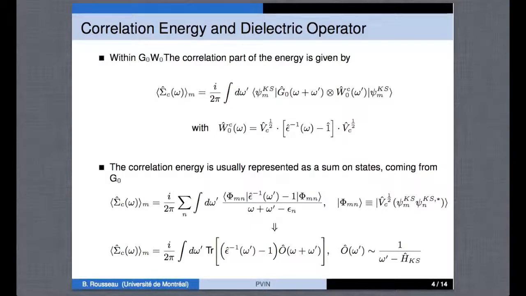So this can be re-expressed, if you will, as a trace over this operator times essentially the Green's function. The details are not very important here. However, you can see that taking this trace can be very challenging, because if you were to indeed try to compute this trace by summing explicitly, then you would have to compute and store very many conduction states.